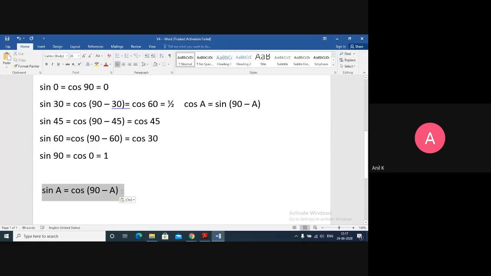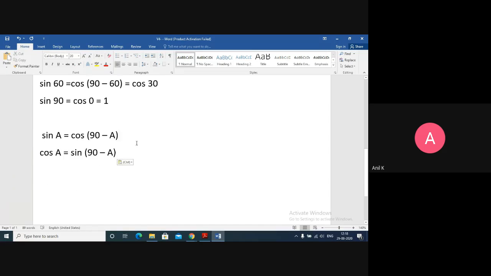Sin A equals cos 90 minus A. The next formula is cos A equals sin 90 minus A. These formulas will be applicable even when A equals 90 minus A, or in the second step, A is also equal to 90 minus A.